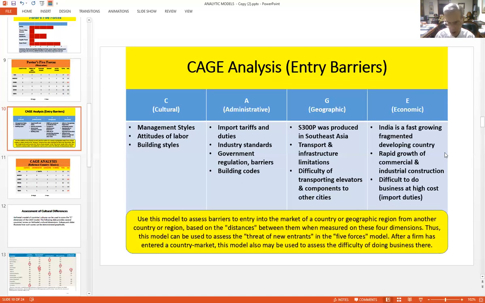So that will impact the kind of apartment buildings that are constructed. And there's a lot of construction going on in India. But the kind of construction will differ simply because of the economic infrastructure of India. So I think that's enough for this model. Those of you in the international business course really ought to do this analysis.